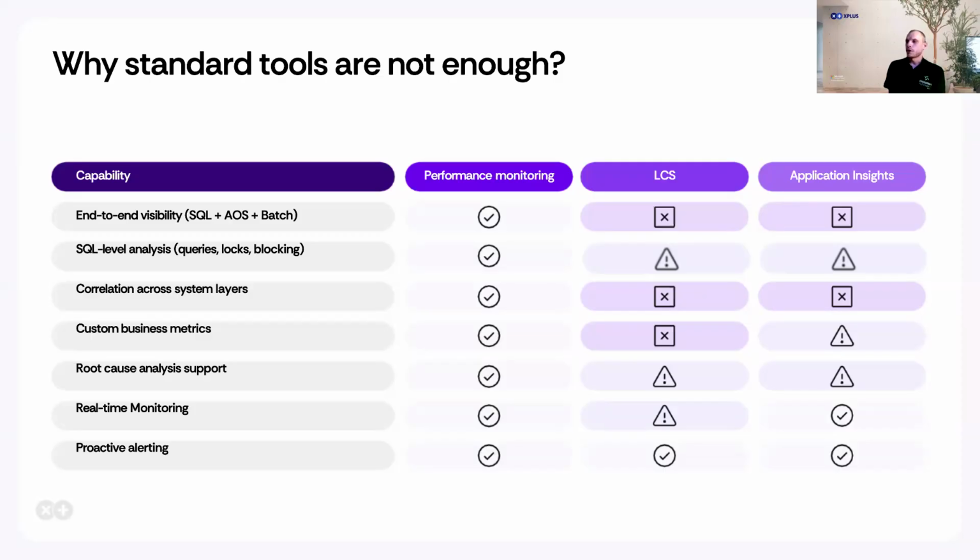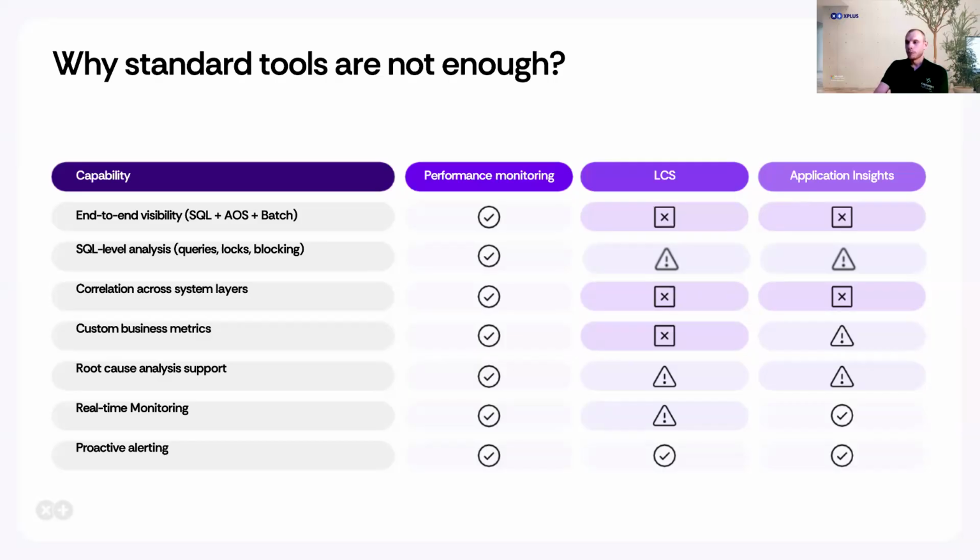Real-time monitoring is also important, especially with LCS. With LCS, we have the option to see the last hour of our metrics. So you don't have real-time measurement, so you cannot check a few seconds after a problem appeared what happened, because you need to wait for it.